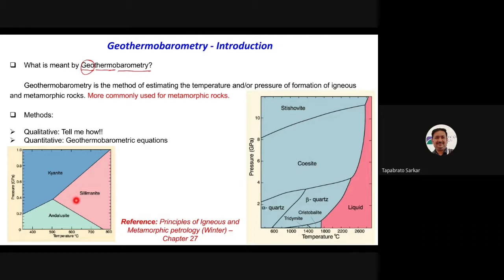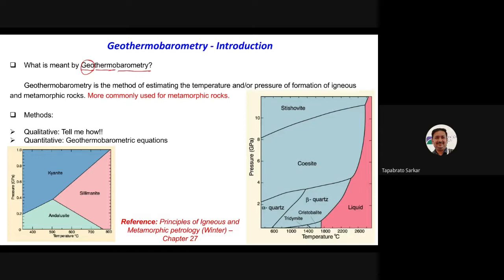Sillimanite's stability field covers a pretty wide range of conditions. Kyanite indicates relatively higher pressures, and andalusite relatively lower pressures, but this is a qualitative way.